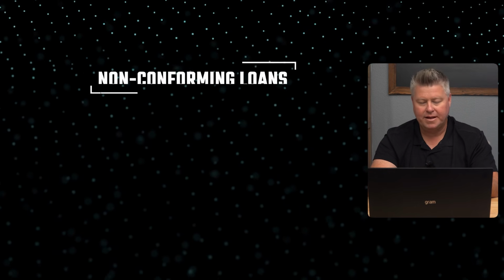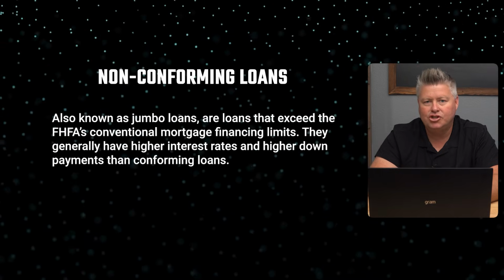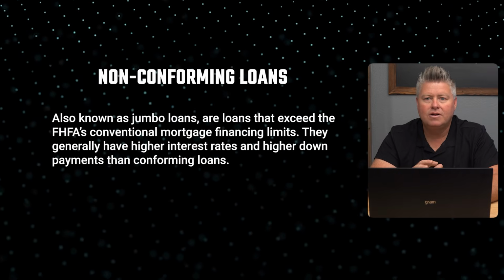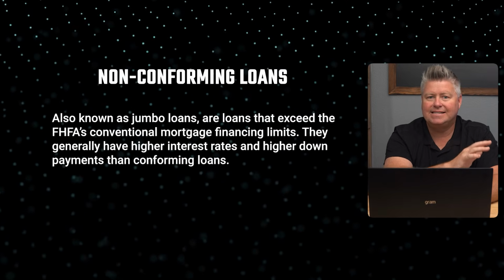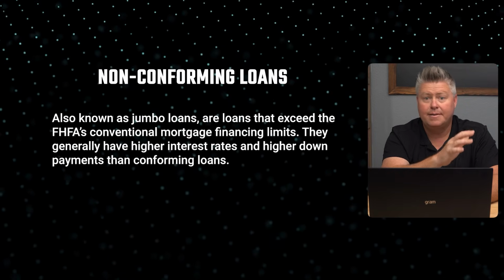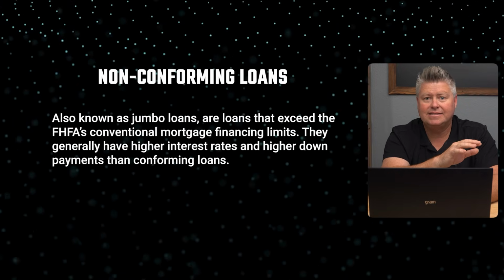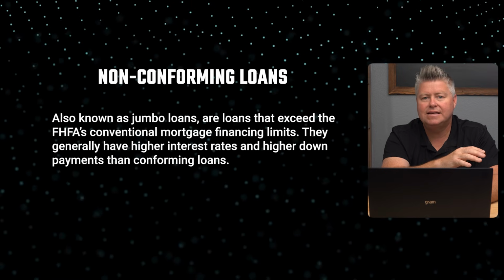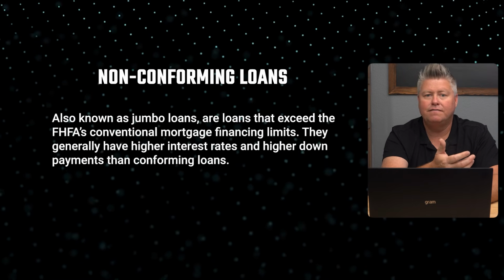This is important to know because up until that point, you can qualify for a conforming loan. But if you go over that, you now go into non-conforming loans, what is called a jumbo loan, okay? So non-conforming loans exceed the FHFA's conventional mortgage financing limits. They generally have higher interest rates and higher down payments than conforming loans.